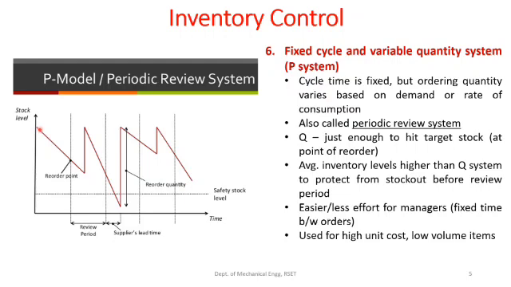During this cycle, you can see that at a certain point of time after the start of the cycle, you carry out a review of the stock level. At that point, the stock level is lower than the target level, the maximum level.